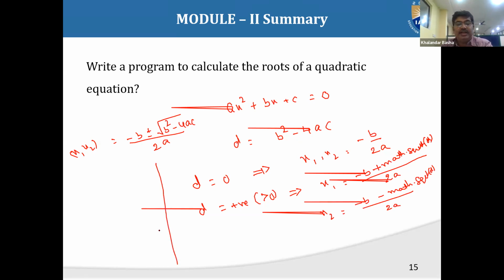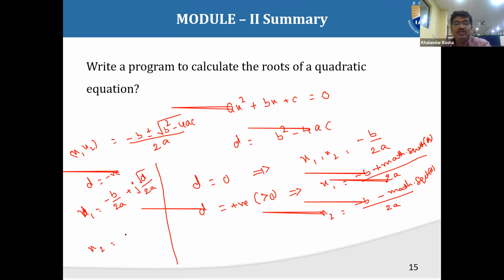Suppose d is negative, so we have to get the imaginary parts. So the roots are x1 equals minus b by 2a plus j, which we have to append, times square root of d divided by 2a.